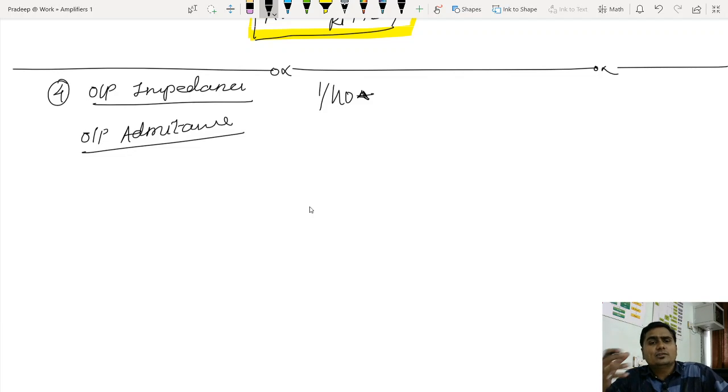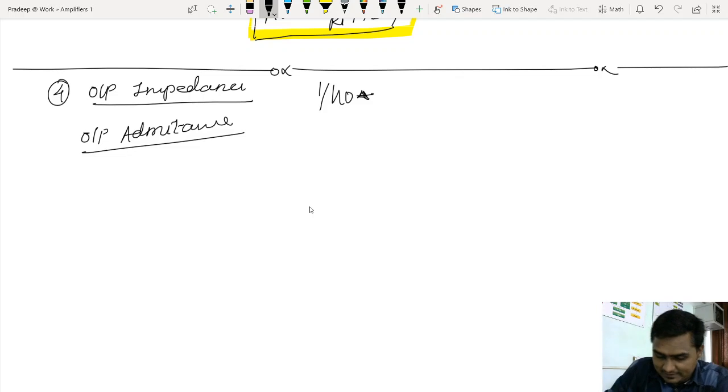So whichever is easier, we'll follow that. Already we know that related to the H model we have derived so many equations, so obviously it is easy for us to find admittance instead of impedance.